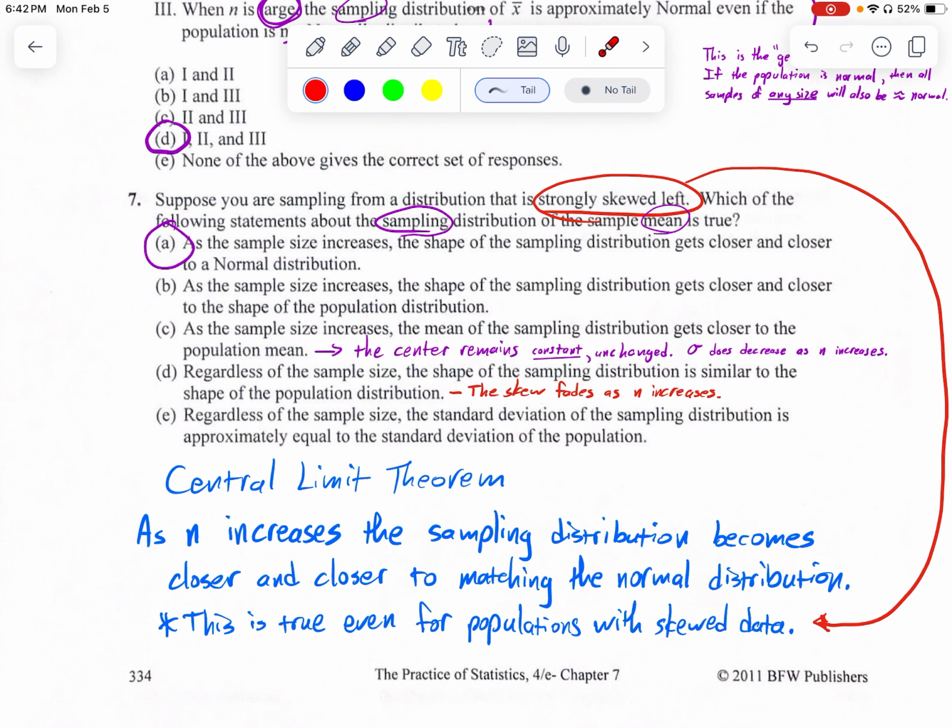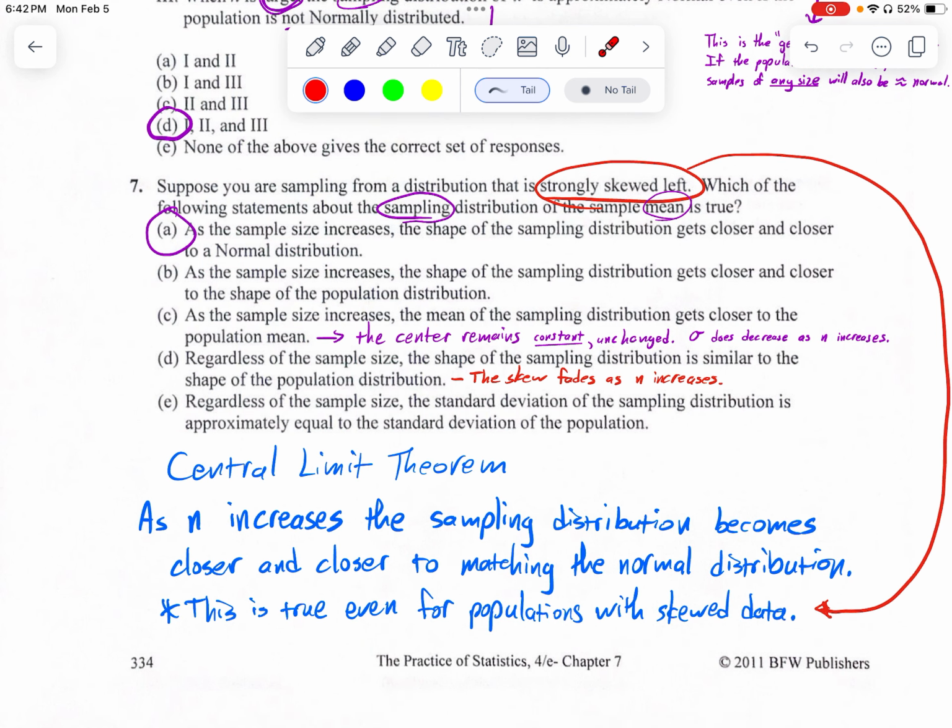B, as the sample size increases, the shape of the distribution gets closer and closer to the shape of the population. No, it will get closer to normal, right? If the population is skewed, the sampling distribution doesn't get closer and closer to skewed. It always gets closer and closer to normal.